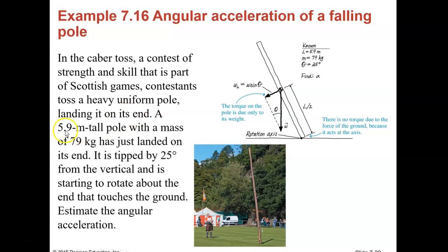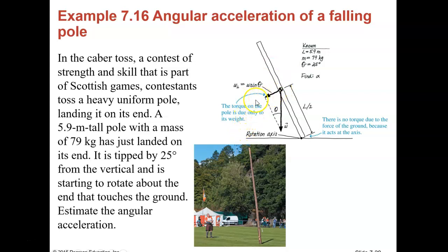This is almost 6 meters tall with a mass of 79 kilograms and landed on its end. It's tipped 25 degrees from the vertical and is starting to rotate. And we're going to figure out the angular acceleration of this caber. So this is our diagram here.